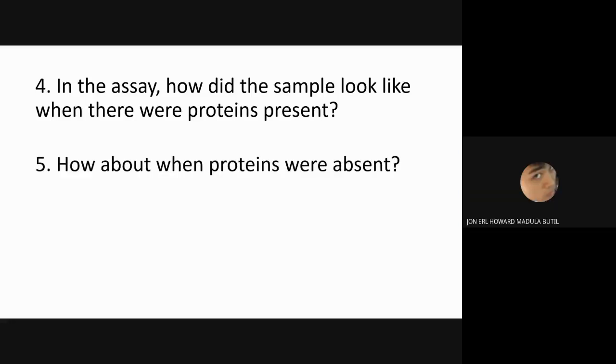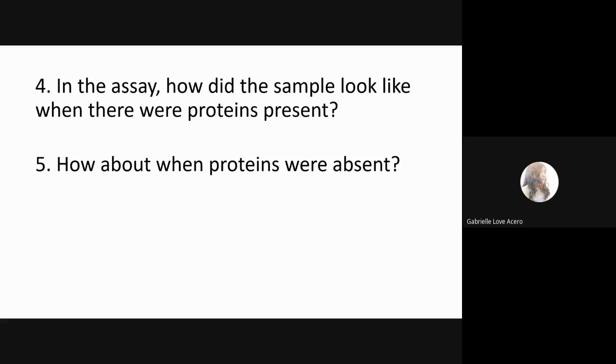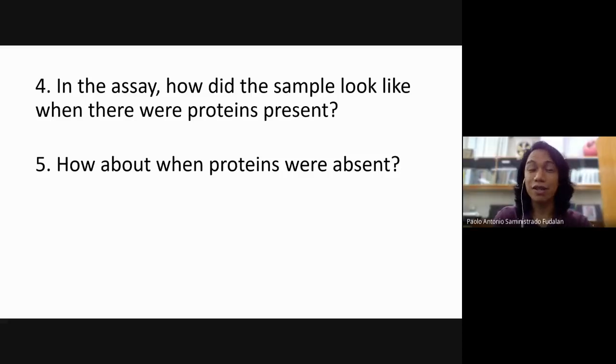How about when proteins were absent? What was the color, or how did it look? Brownish, sir. Yes, the Coomassie Brilliant Blue by itself will appear reddish brown, or brownish. So you're correct.